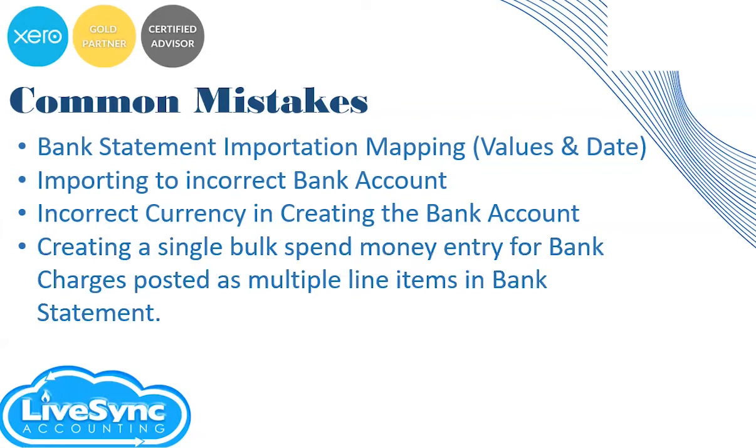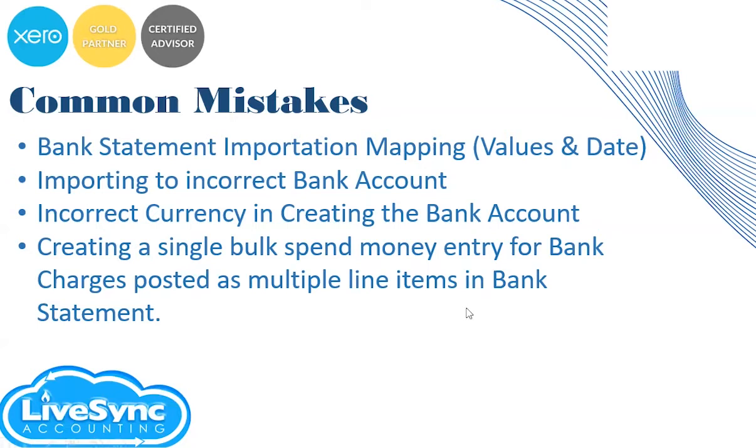You need to create an entry for every single line item in the bank, meaning you have to make sure that all your entries will match a specific line item in the bank statement. That's why instead of creating a single spend money, you do the one I've shown you, the bank rules and the cash coding approach.